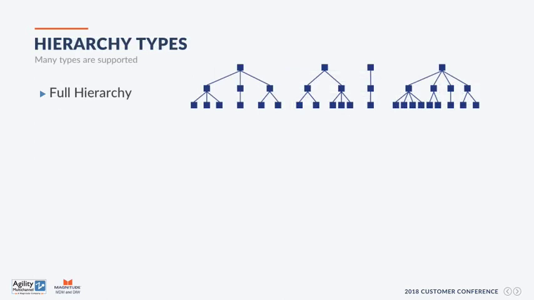So hierarchy types. Hierarchy management is a key component, particularly of MDM, and a number of different hierarchy types are supported. So first is what's referred to as a full hierarchy. A full hierarchy is any hierarchy that has a single root and has the same number of levels as you go down. So there's always one node at the top of the hierarchy.